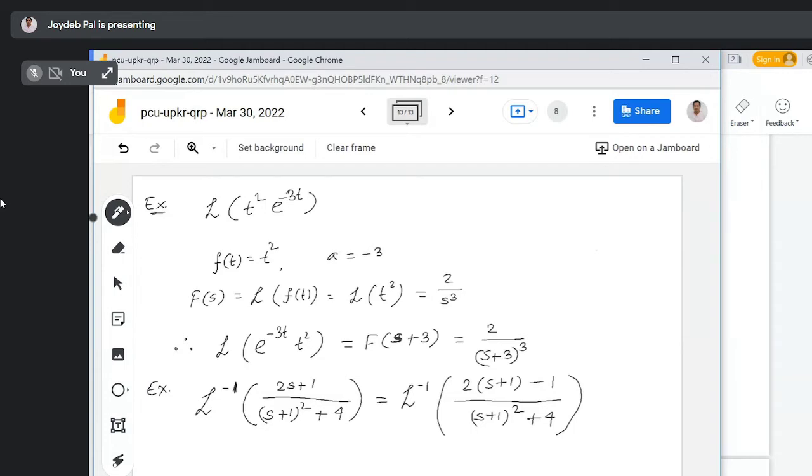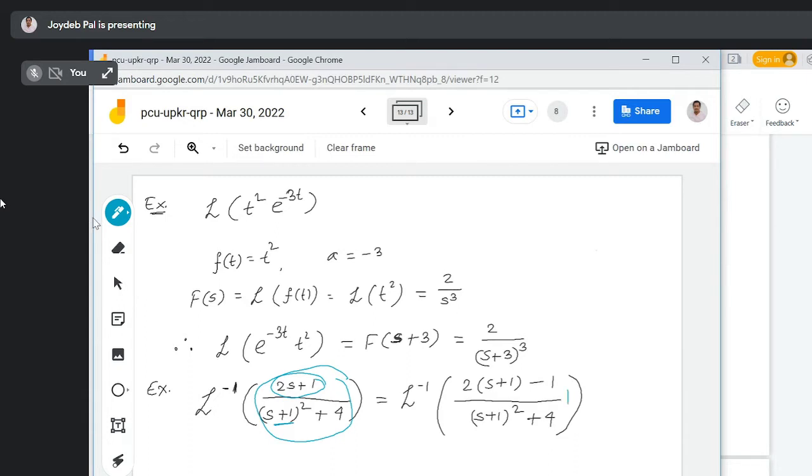Now, the first form is not exactly in the form of f of s minus a, right? Because it is s plus 1 whole square, but here also it should be in the form of s plus 1, but it is not exactly in the form of s plus 1. So, to express it in the form of s plus 1, I have to do this calculation. I have to represent it in that way.